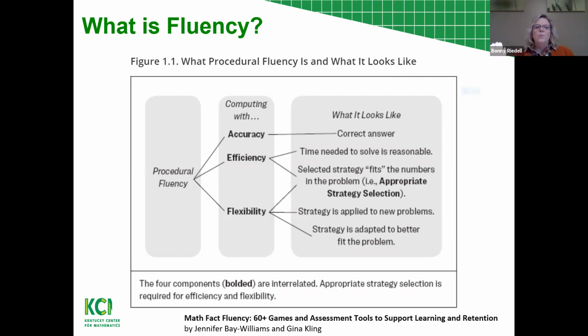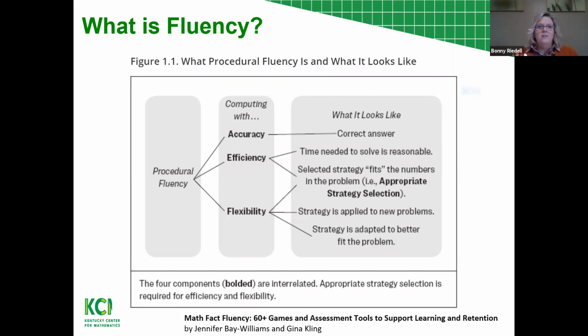They let the numbers whisper to them to uncover the strategy that best fits the problem. And that leads into the appropriate strategy selection. So take that fact 6 plus 7. A student could use the pretend to 10 strategy, add 10 plus 7, and then subtract 4. But you have to think, was that the most appropriate and efficient strategy for the problem? So all of those aspects go into making a procedurally fluent student.